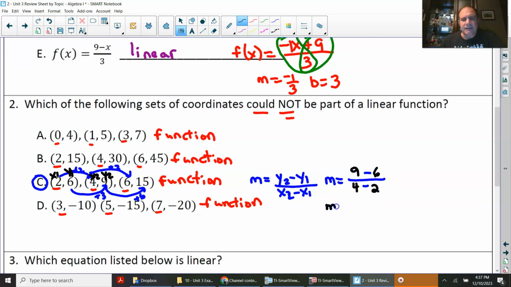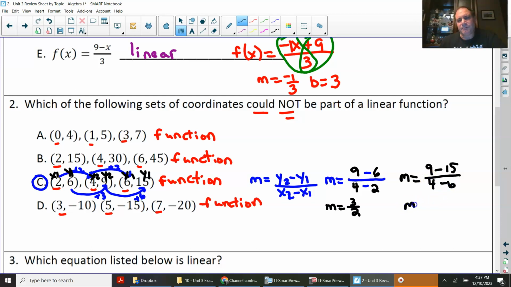So you see that this is 3 over 2. Then I'm just going to do x1, y1 over here, and then x2, y2. I'm just going to go ahead and do y2, 9, minus y1, which is 15. And then x2, which is 4, minus x1, which is 6.